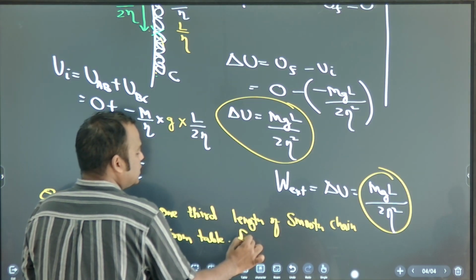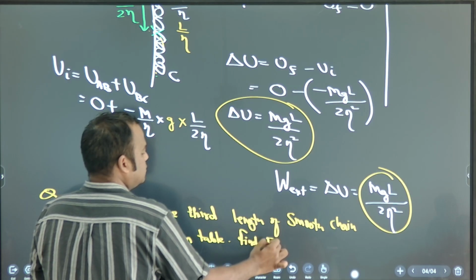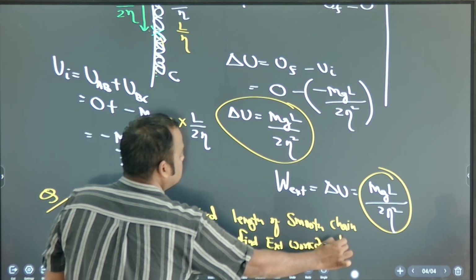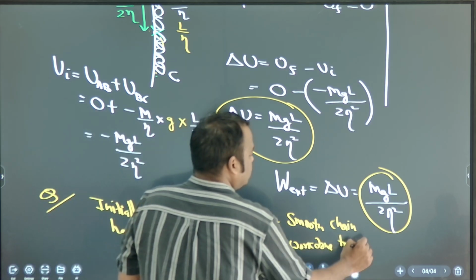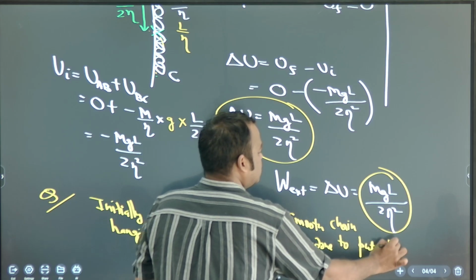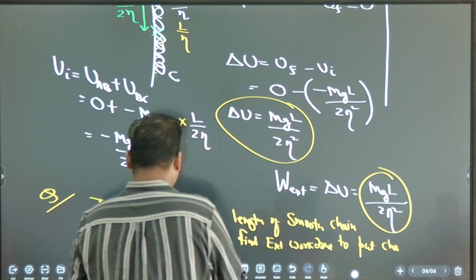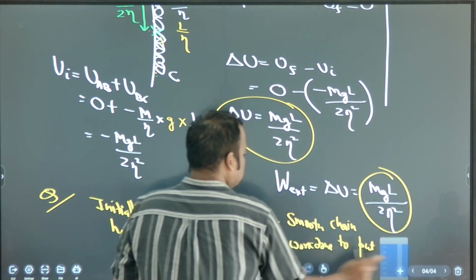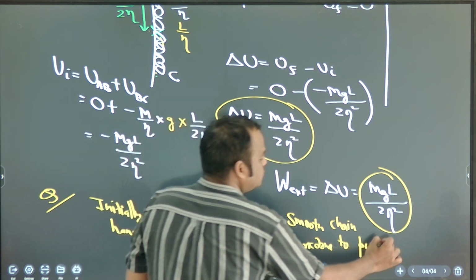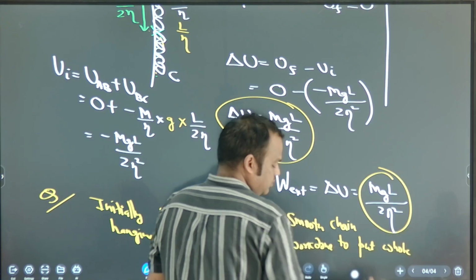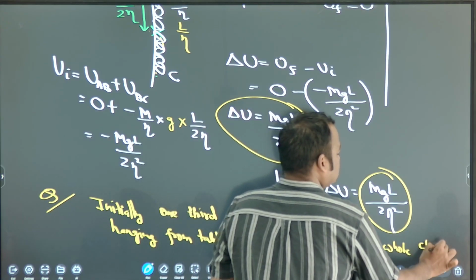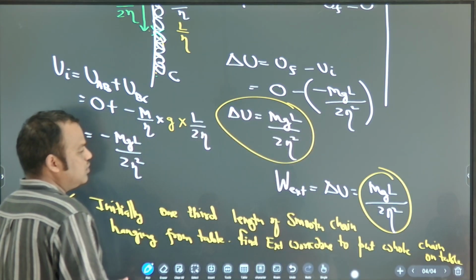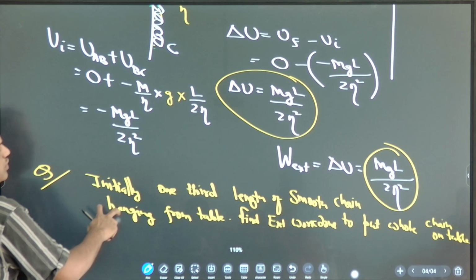Find the external work done to put the whole chain on the table.